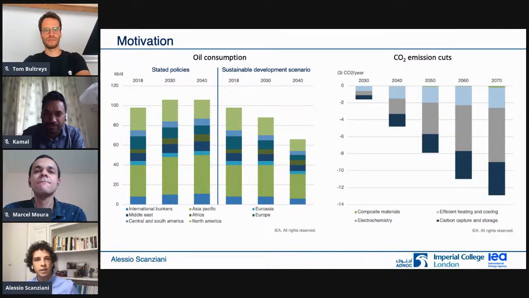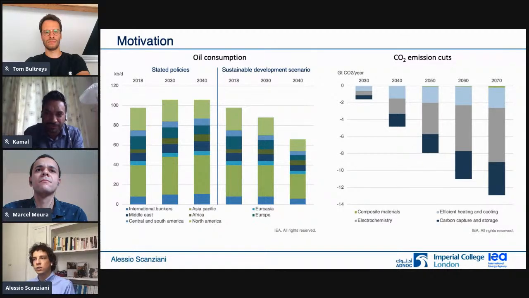One is the stated policy scenario, which means what is going to happen with the policies that are currently in place. And the second one is a sustainable development scenario, which is created by computing the CO2 cuts that we need to achieve our climate goals, like the Paris Agreement, and then they back calculate how much of the fuels we are going to consume for this scenario.